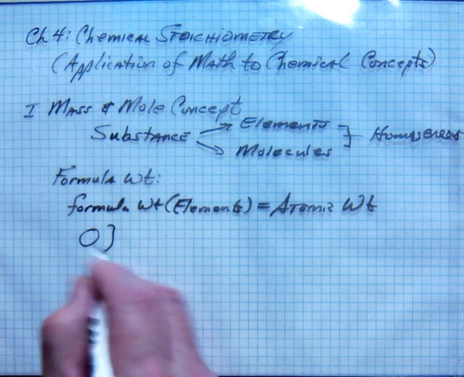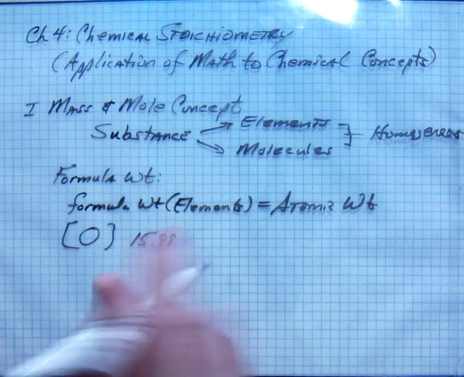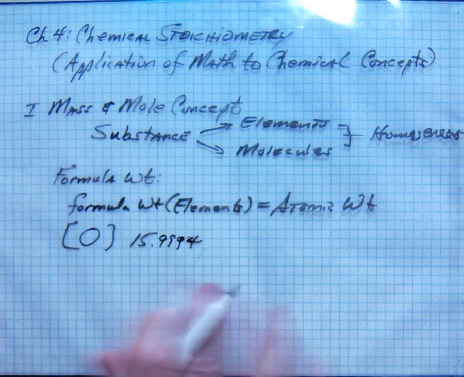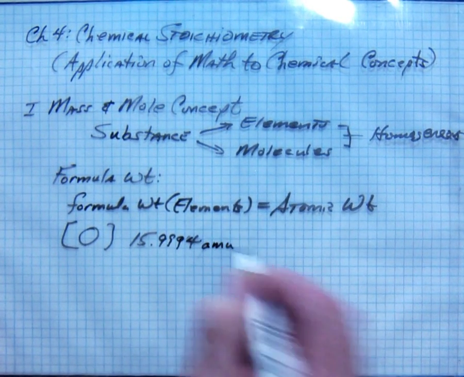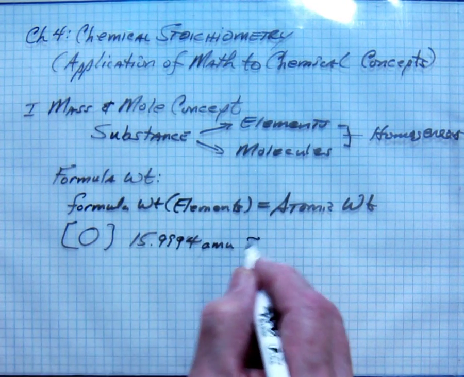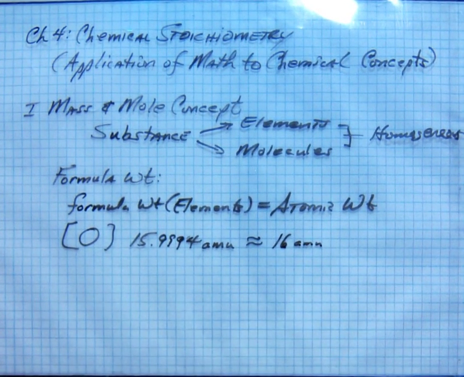Oxygen, for example, has 15.9994 atomic mass units. If I'm working a problem, I'm not going to go to that extent. If you have a need to go to significant numbers after the decimal place, look at your answer choices, or if you want to carry it out that far, it's your choice. But as I go through these lectures, if I have to use the weight of oxygen, 16 atomic mass units will be used, and so forth.